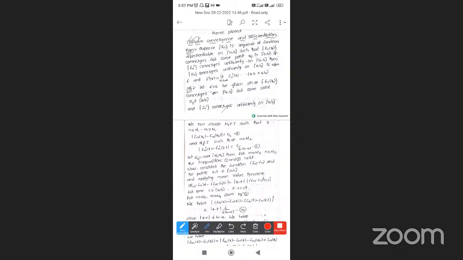If Fn dash converges uniformly on the closed interval [a, b], then Fn also converges uniformly on the closed interval [a, b], and f dash of x is equal to the limit of Fn dash of x.